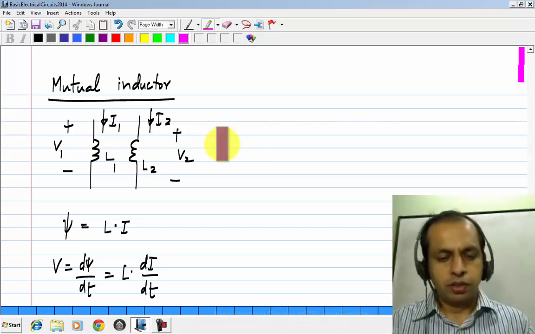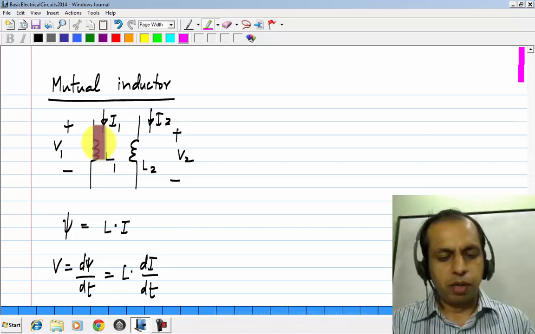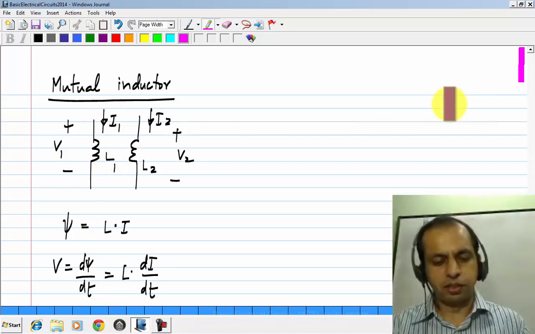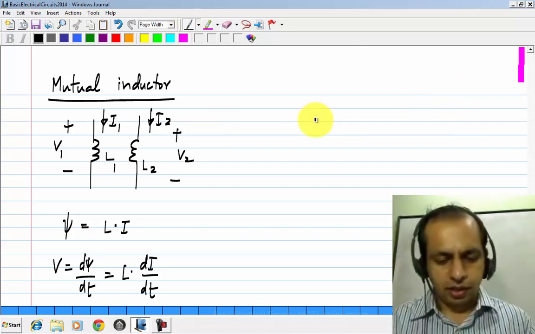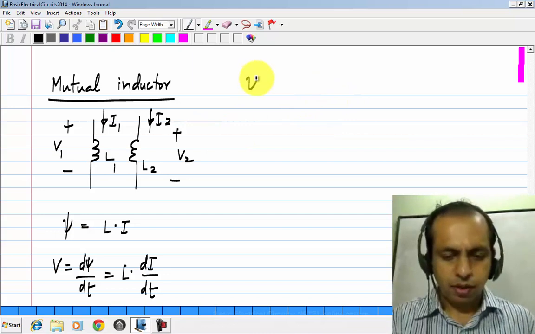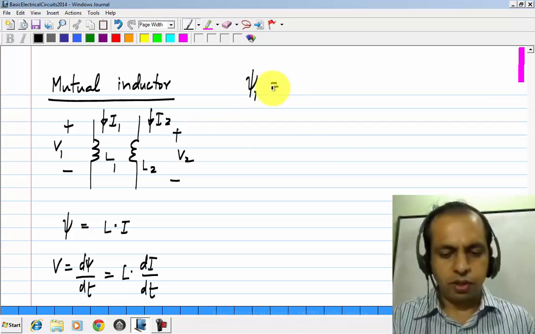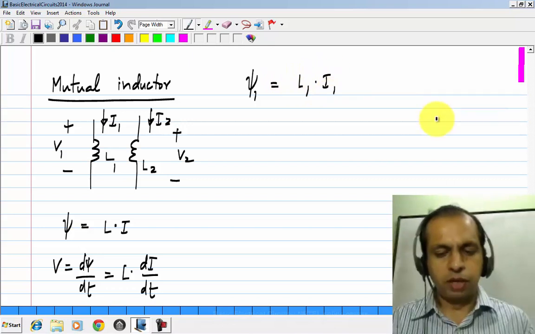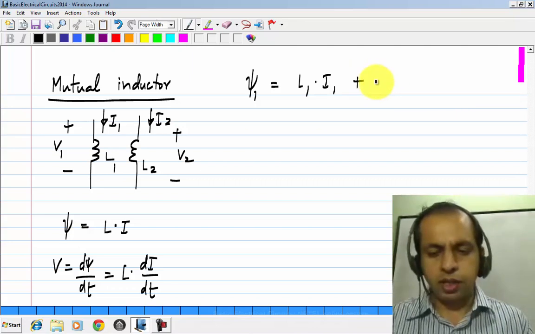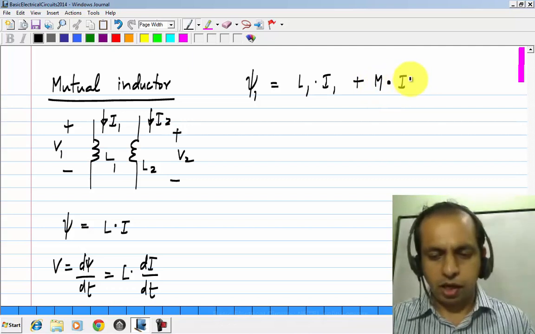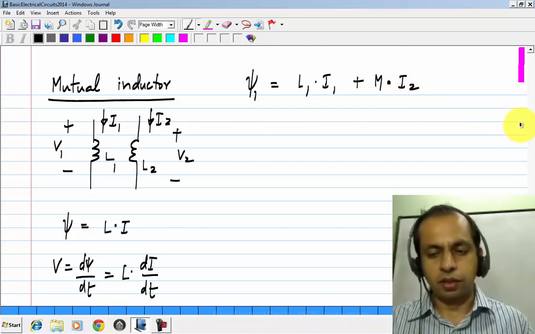So, this is possible because the magnetic field in an inductor can spread outside the physical extent of the inductor. In such a case, the flux linkage in the first inductor is some L1 times I1, which is what we expect knowing what we know about inductors, but it is also related to some other constant M times the current in the second inductor.